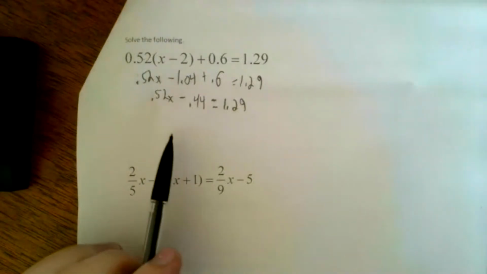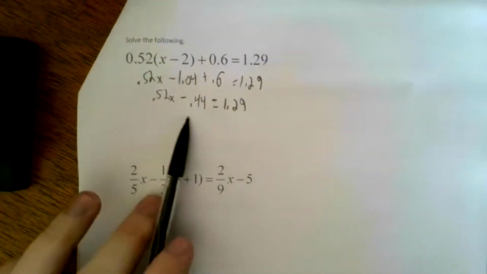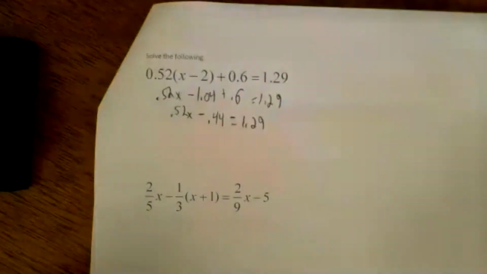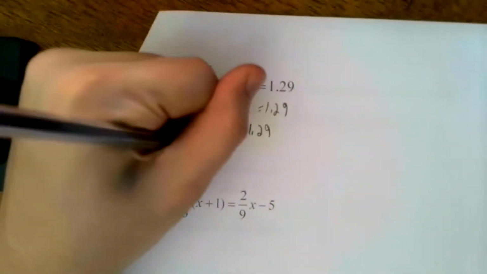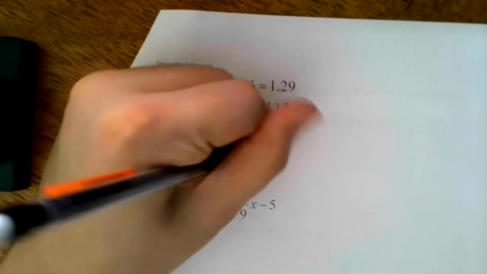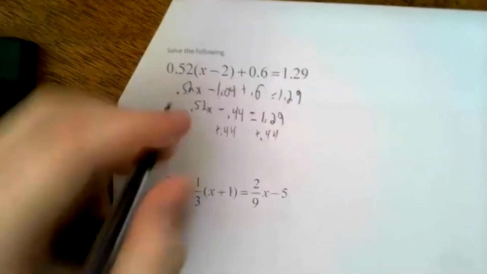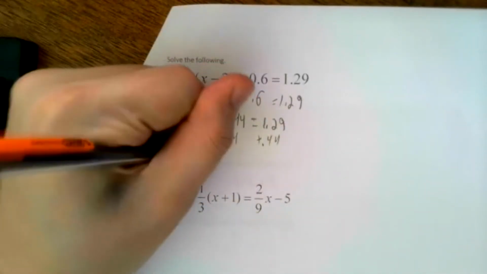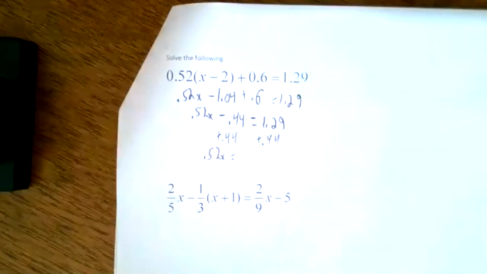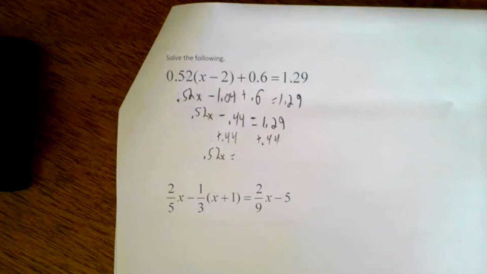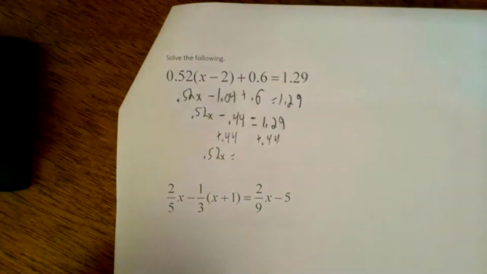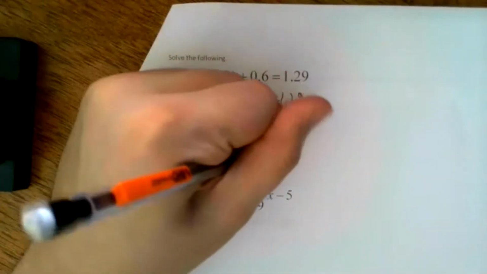Well, one thing I can do is I could just add 0.44 on both sides, right? So if I add 0.44 on both sides, that'll get rid of the constants on my left side, right? So I have 0.52x equals, and 1.29 plus 0.44, we get 1.73, right?